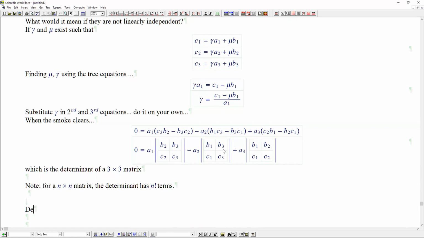Okay, determinants. So these are general properties of determinants.